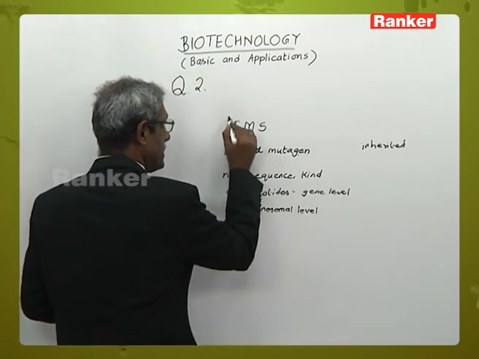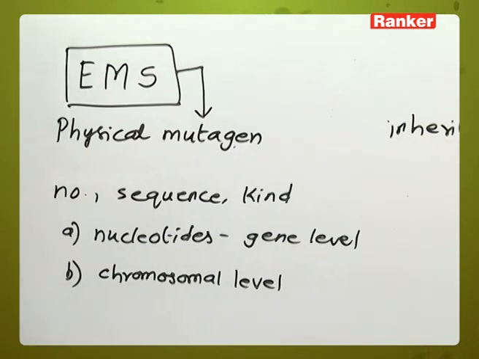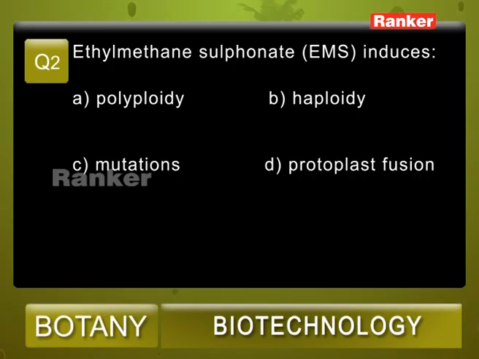And EMS is a well acclaimed example of a mutagen. So, the answer is C.